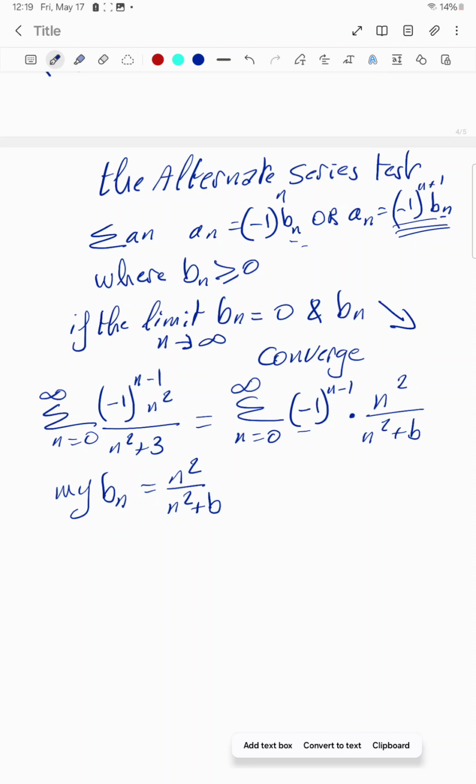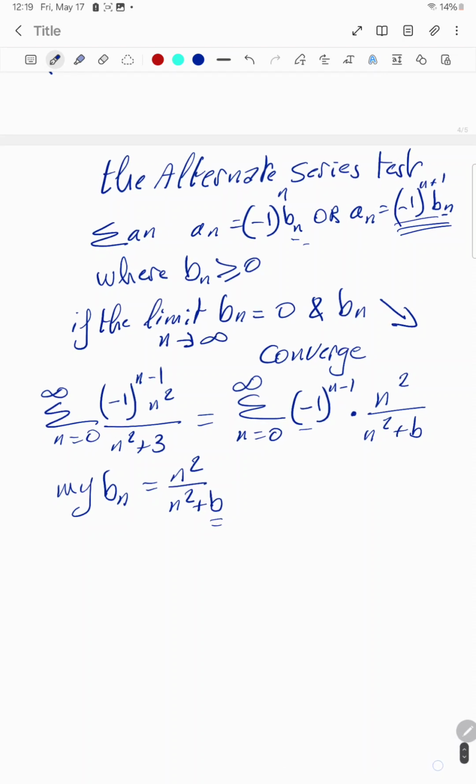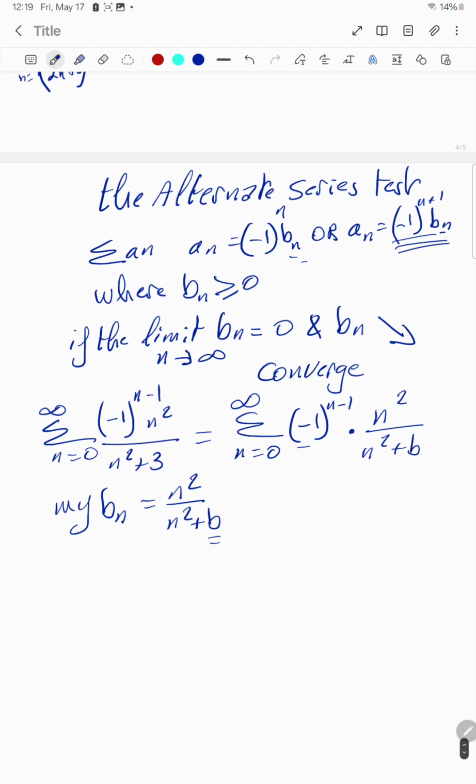So my sequence is decreasing, so I can use this alternating series test. I know whatever n I take, my denominator is bigger, so my b_n is decreasing.